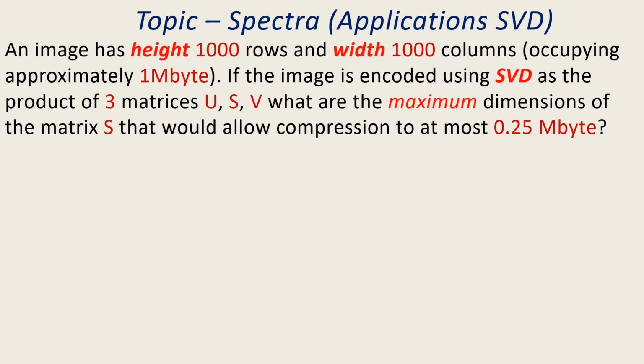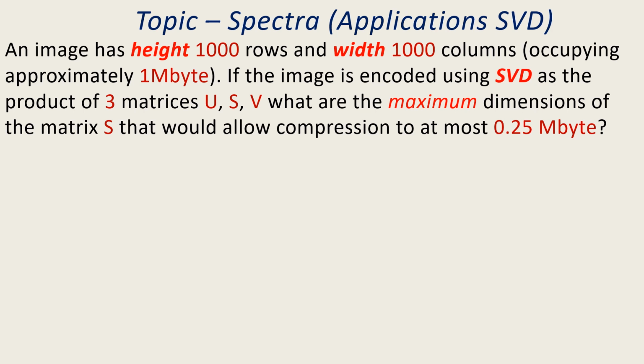The final application I looked at was image compression using singular value decomposition. So a typical sort of question you might see is the following. You're given image dimensions, height 1,000, width 1,000. So that takes up approximately a megabyte.